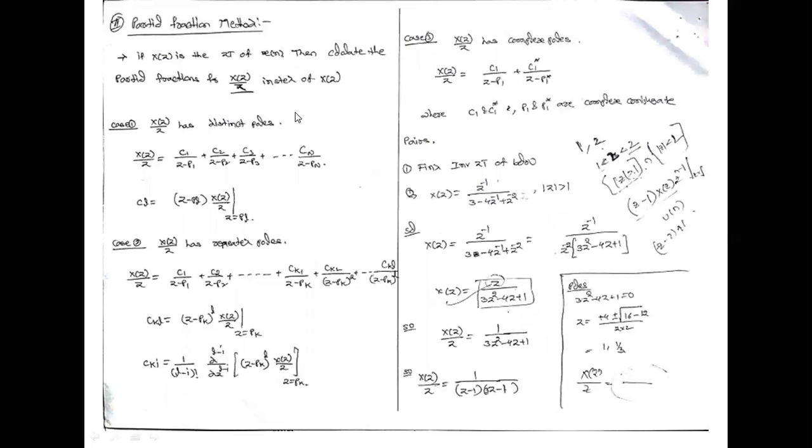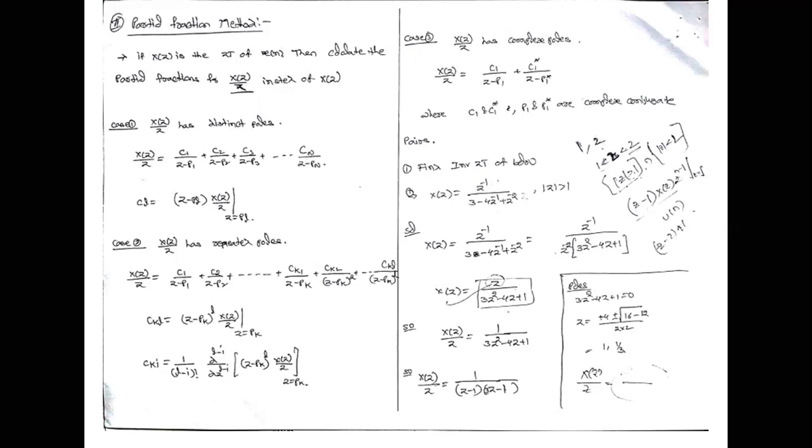So for the next method, we go for the partial fraction expansion method. Until now, we discussed the long division method and the power series method. You can remember the cos theta, sin theta functions, the exponential function e power z, and ln of 1 plus x also.